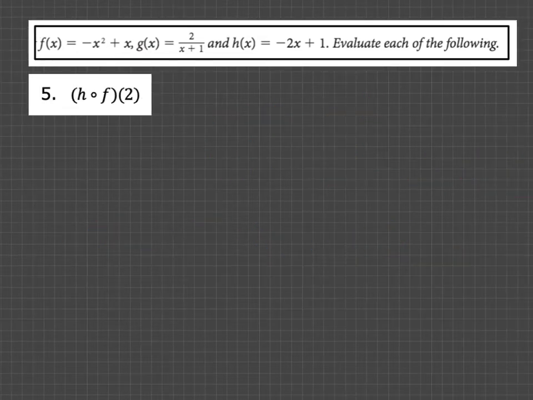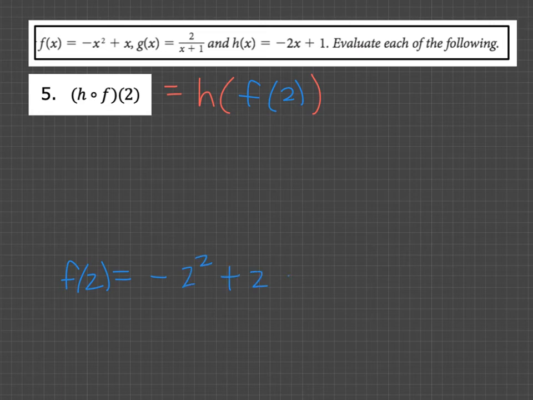Okay, here's another one. h of f of 2. So this is h of the inside function, f, evaluated at 2. So now we're going to pull out that f of 2, work that out. So we have a negative 2 squared plus 2. So that's a negative 4 plus 2.